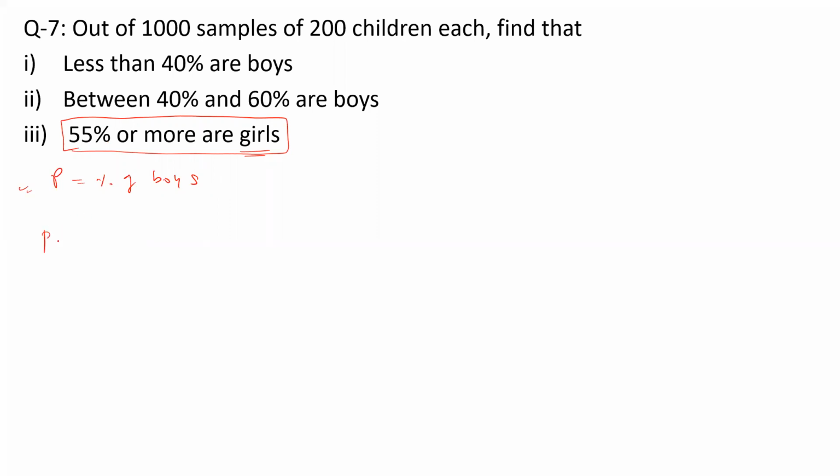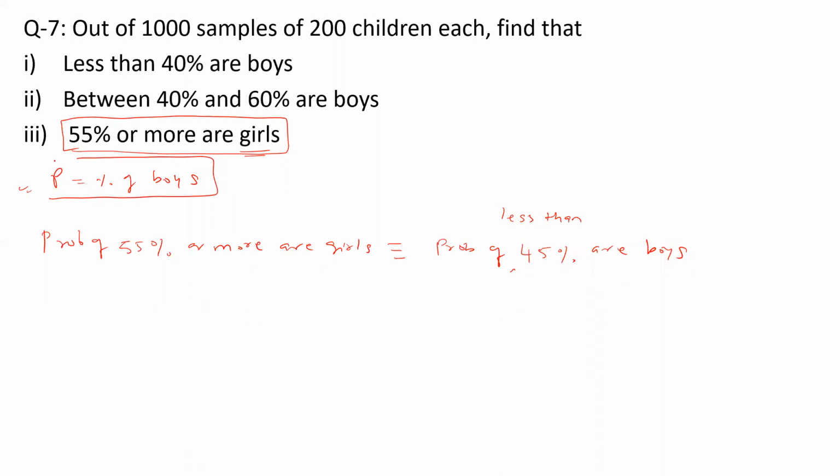So the probability of 55% or more are girls is equivalent to finding the probability of less than 45% are boys, because you have already taken proportion as percentage of boys, so we have to only focus on the number of boys here.